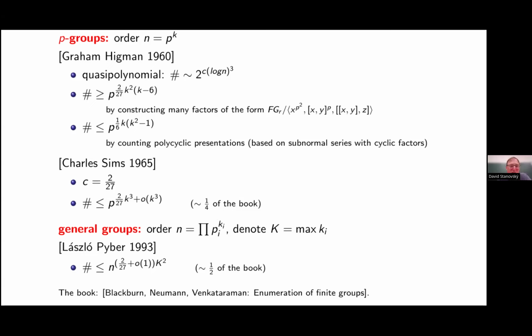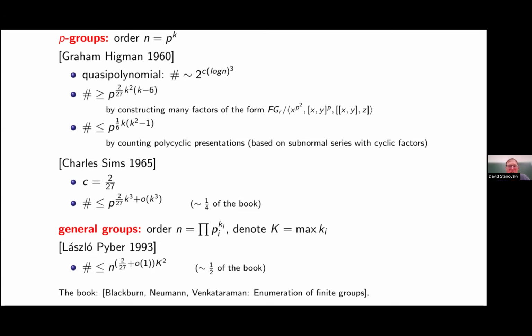And again, this is a very complicated result. It occupies about half of a book, about 100 pages. The book I'm referring to is by Blackburn, Neumann, and Venkataraman, called Enumeration of Finite Groups. It's very nicely written.